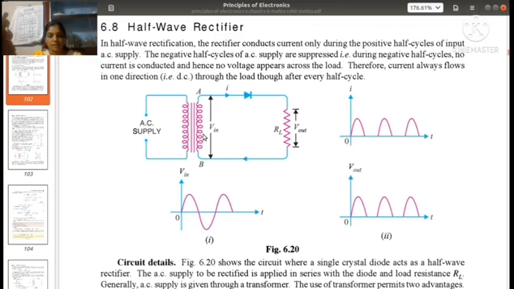So this is the circuit diagram of a half wave rectifier. Here is the input AC supply source, which is given to the diode through a transformer.